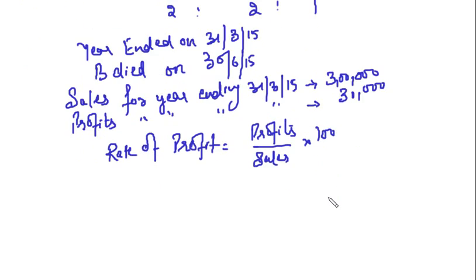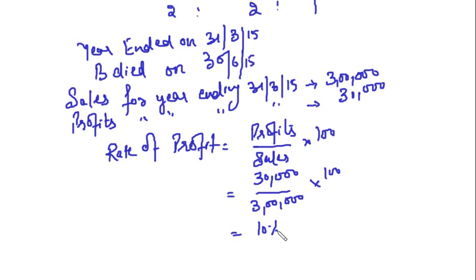That is, at what rate we have earned the profits on sales. Right? This is simple mathematics. Divided by 3 lakh into 100. This comes to how much? 10%. That means we have earned profit at the rate of 10% last year.